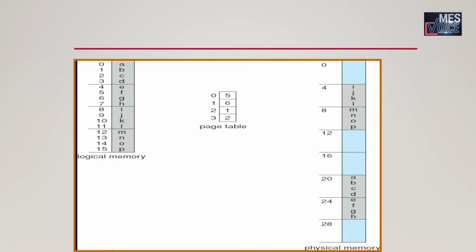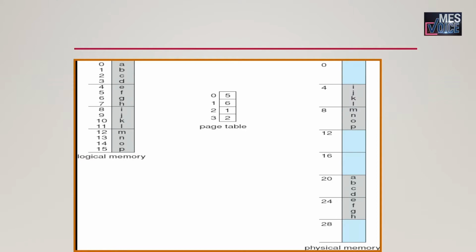Similarly, logical address 3 maps to physical address 23, and logical address 4 is page 1. When we consider the next page, that is logical address 1, it maps to frame 6 of the physical memory.